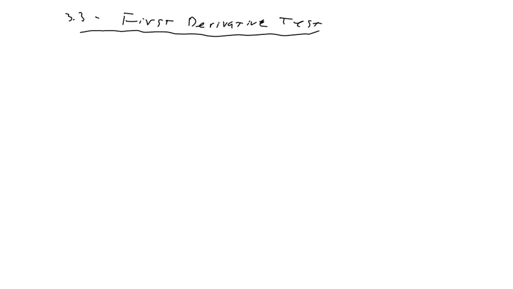So let's get started. This is 3.3, the first derivative test. So, things we've talked about. The first derivative test is related to finding out information about the increases and decreases of a graph.